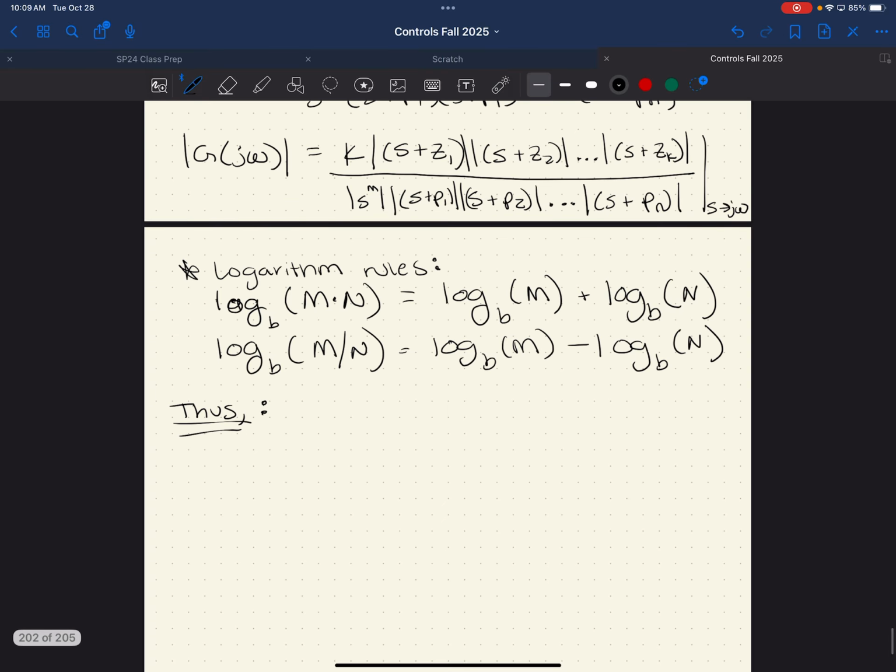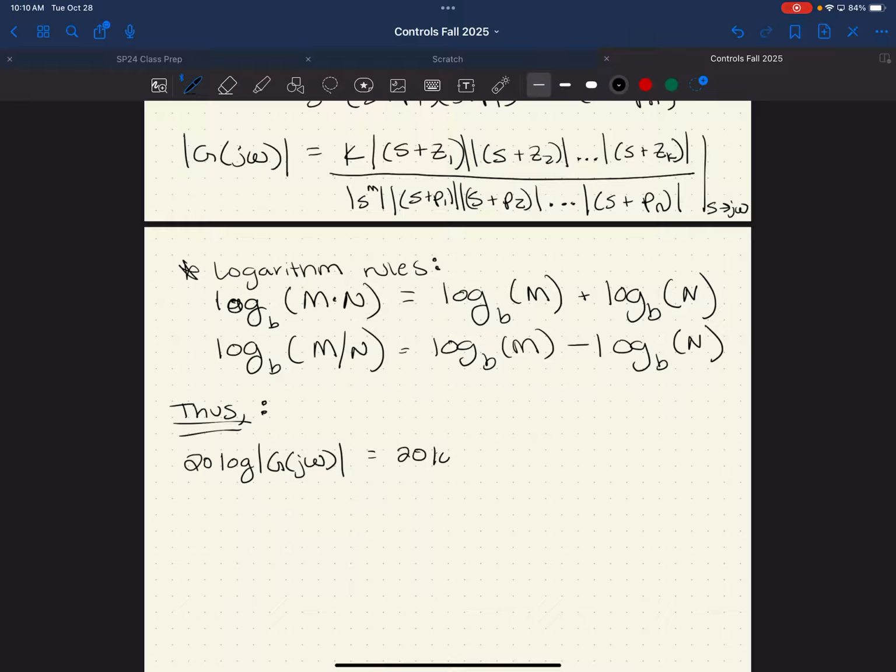Thus, if we take the 20 log of the magnitude of g of j omega, I should get the addition of all the zeros minus all of the poles.